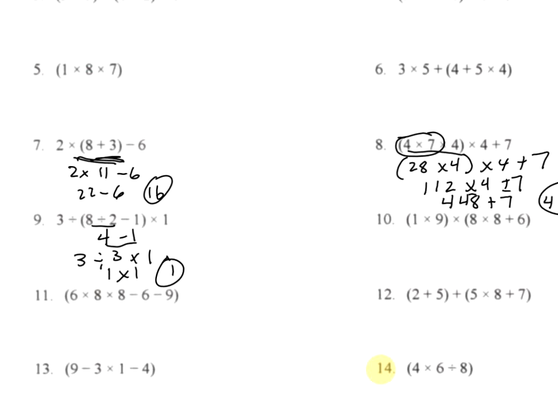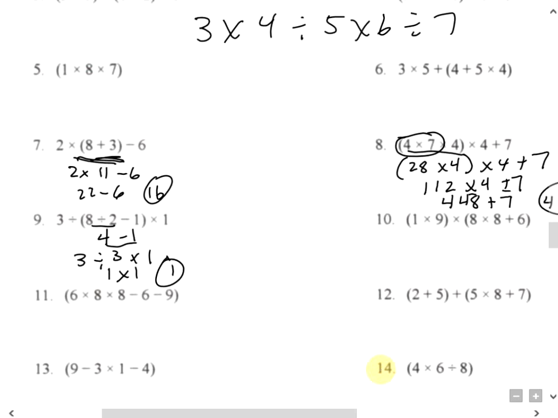If I had a bunch of these, like 3 times 4 divided by 5 times 6 divided by 7, I'd do the 3 times 4 first, then the division sign, then the multiplication sign, then the division sign. So the 2 signs are together. It's just whichever one you run into first, that's the one you have to do.